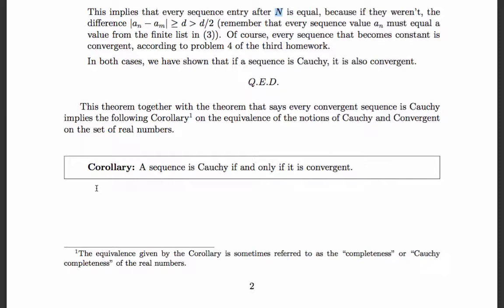The square root of 2 is the limit of a sequence of rational numbers. And in fact, every irrational number can be expressed as the limit of a convergent, or equivalently a Cauchy sequence. That's it for today.